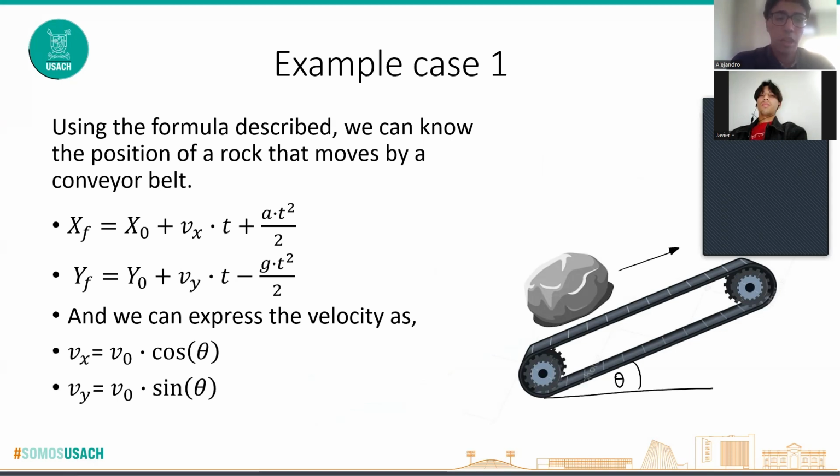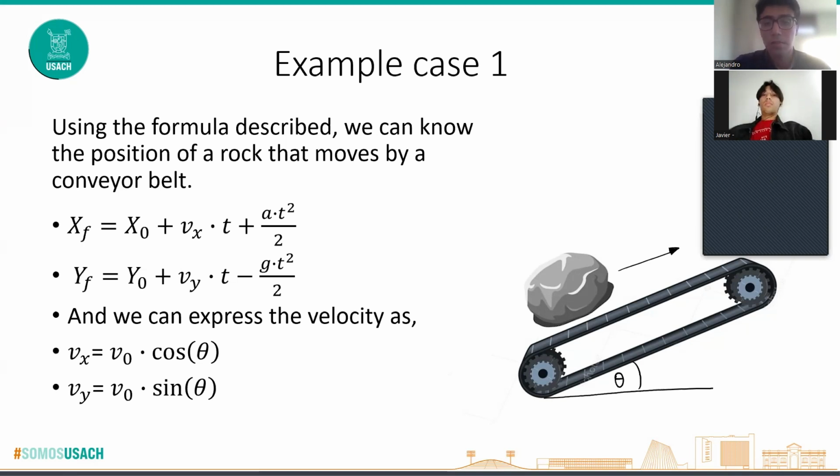First of all, as we said before, the x final equals the x initial position plus the velocity in the x-axis times time plus the acceleration times time squared divided by 2.